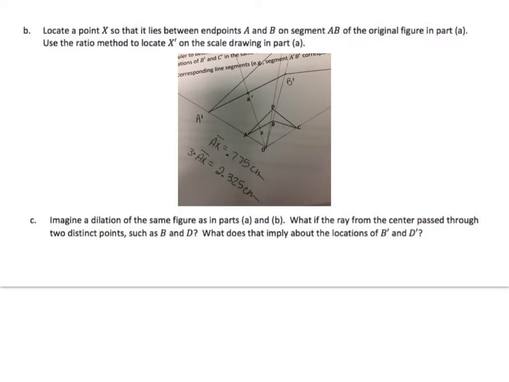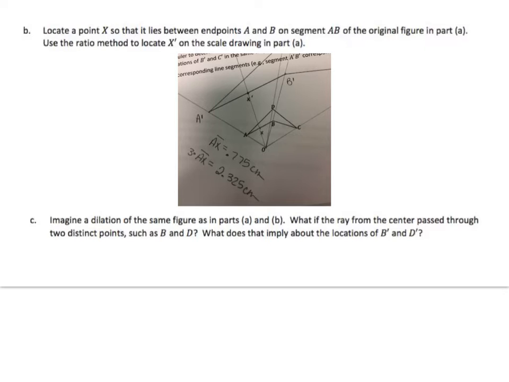Imagine a dilation of the same figure in parts A and B. What if the ray from the center passed through two distinct points, such as B and D? It's really saying, what if, let me get a thicker pen.